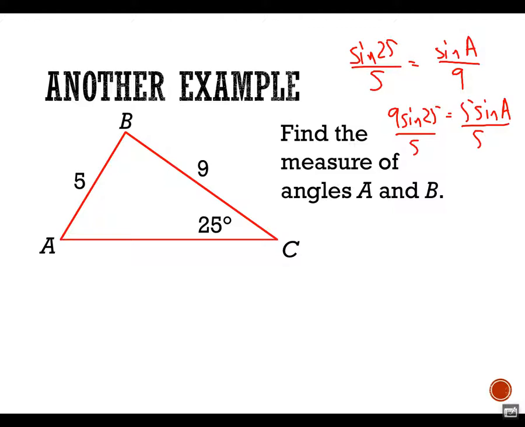Beautiful. So the 5s will cancel. I got sine of A is equal to 9 times the sine of 25 over 5. How do I get rid of the sine? As she mentioned, you do the inverse sine. If I do the inverse sine of one side, I have to do it to the other side.